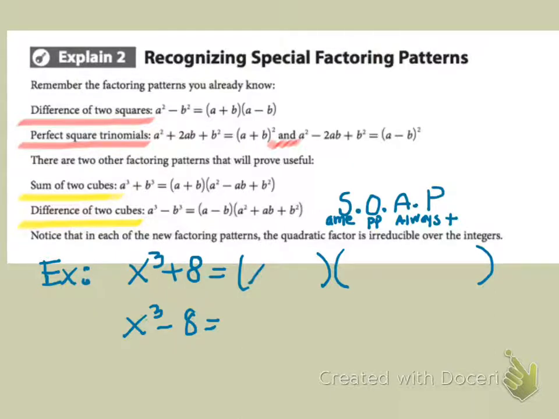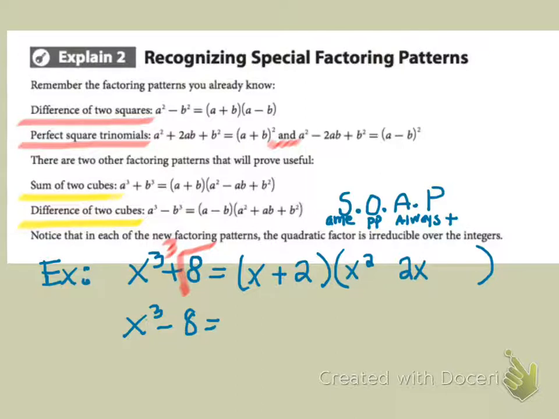Looking at the x cubed plus 8, if I cube root x cubed, I get x. And if I cube root 8, I get 2. So my binomial is x plus 2. Now to get my trinomial, I look at that binomial, x plus 2, and take that first term and square it. So if I take x and square it, I get x squared. And for the middle term, I multiply those two terms, the x and the 2, which gives me 2x.